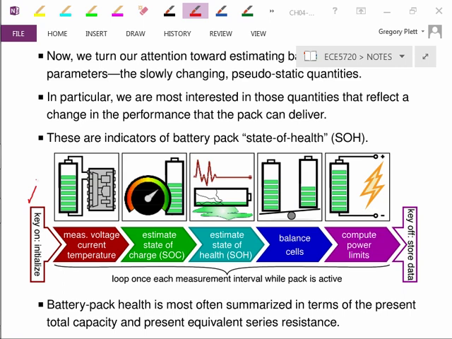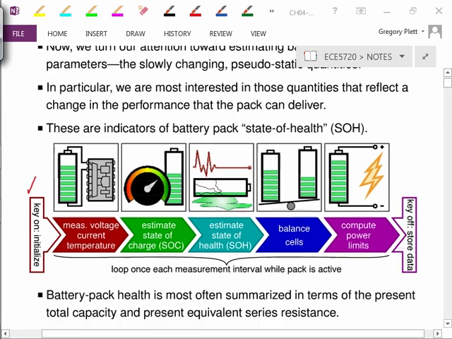And then we're going to revisit our ideas on computing power limits, because the methods that we looked at in Chapter 1 are quite crude, and there are better ways of doing that. Those are the major algorithm tasks. We also estimate energy. We talked about how to do that in Chapter 1. That's not a challenging thing to do after all of these other things have been done, so we don't have a specific unit on that beyond that point.